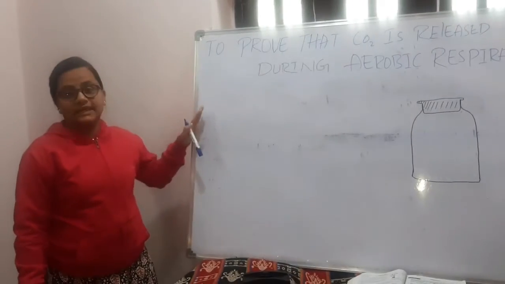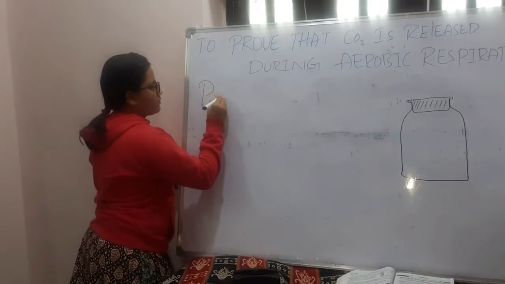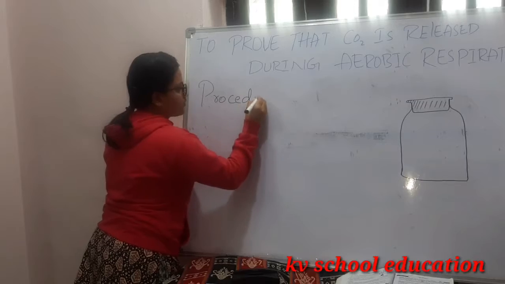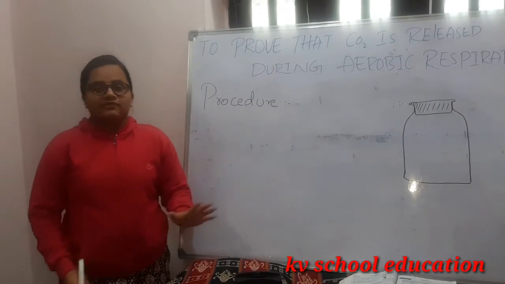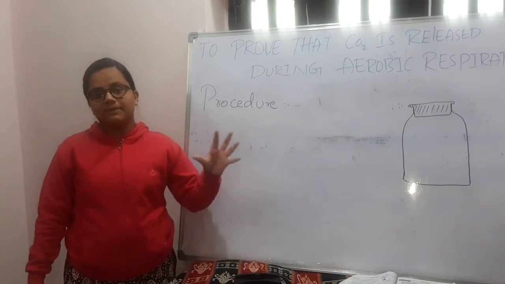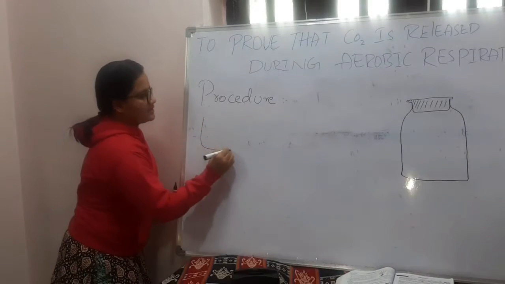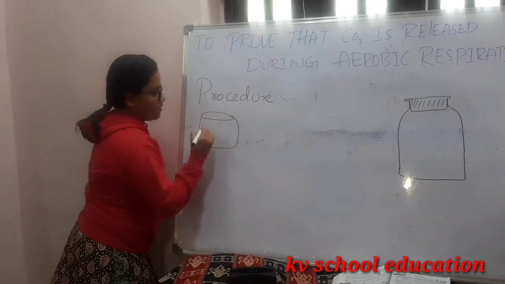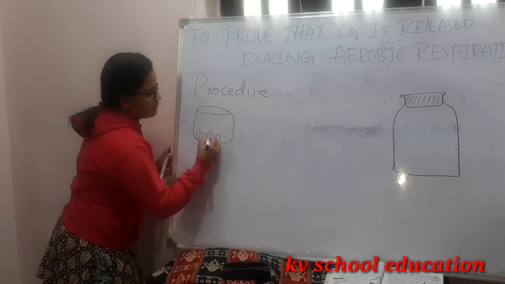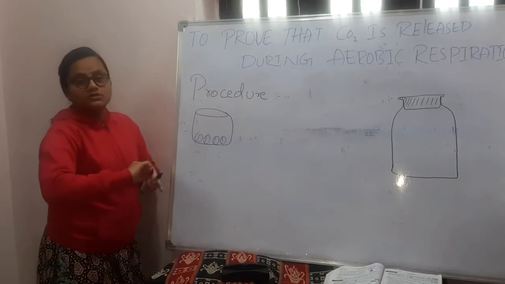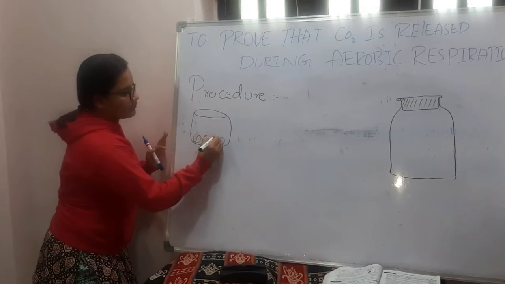Now we have seen the aim and materials required. Now we will see the procedure. The first step is to take the Bengal gram seeds in a beaker and fill it with water.